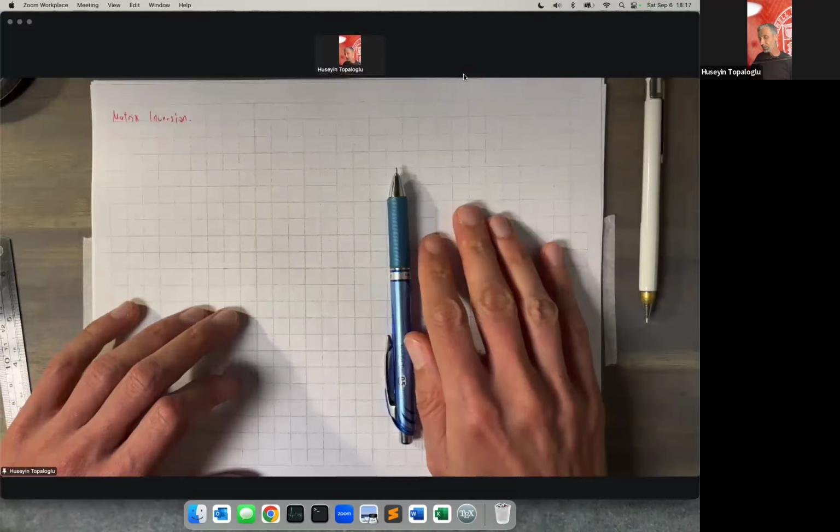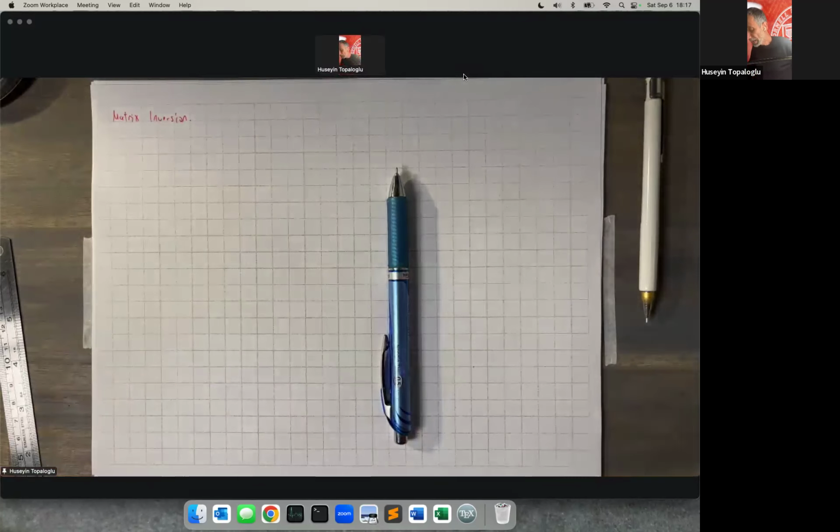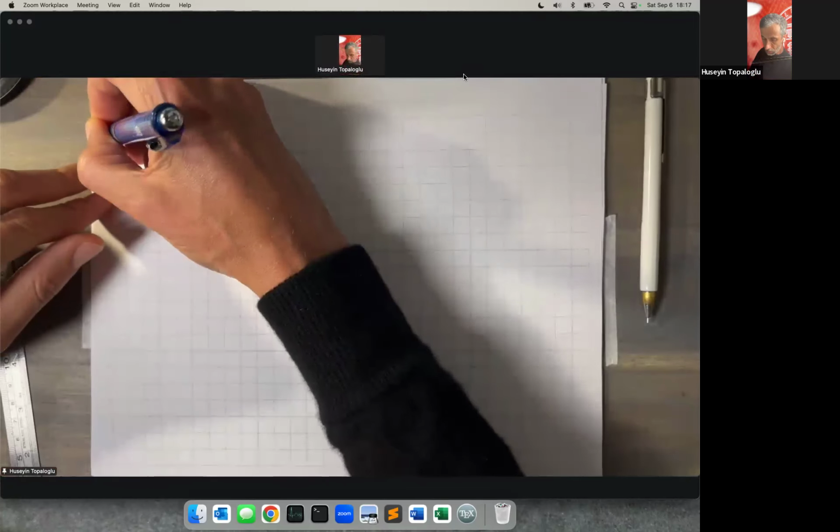If I have an n by n matrix, and if this matrix is invertible, let's talk about how we can compute the inverse of this matrix.